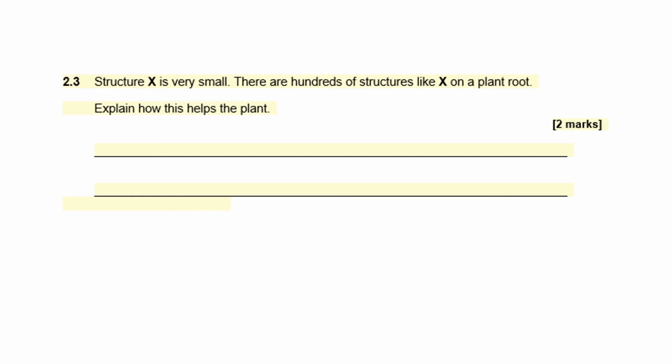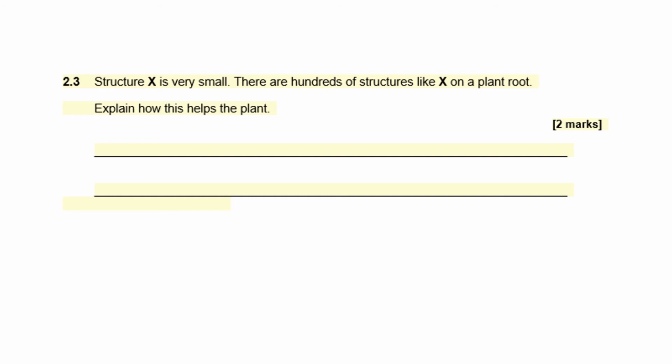Now, as I've said in previous lessons, 9 times out of 10, if you're talking about lots of structures, it's going to be to do with surface area. So if you've put anything about giving it a larger surface area or increasing the surface area, then that would be worth 1 mark.